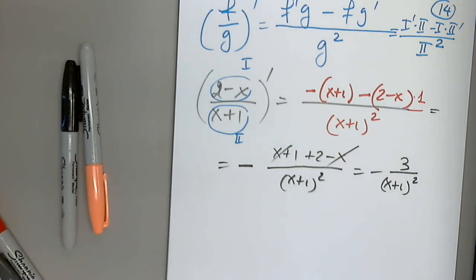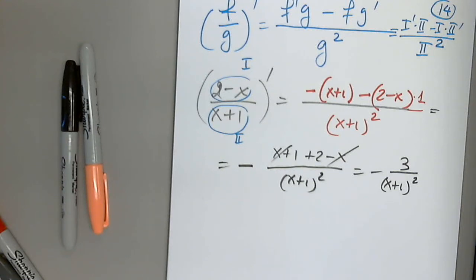Any questions? Yes, please. Okay, so the f is 2 minus x. So I differentiate the top and I get -1, and I copy the bottom. Minus. X prime is 1. 1 prime is 0.